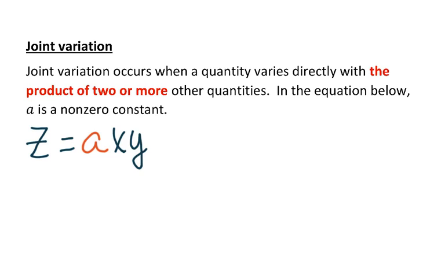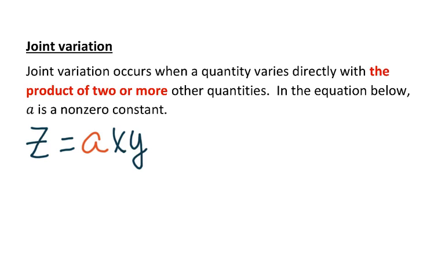All right, so we actually have two components inside the equation that z itself varies with. So if x goes up, z goes up. If y goes up, z goes up. Now if x and y go in opposite directions, whichever one has the larger magnitude, z will go up or down.